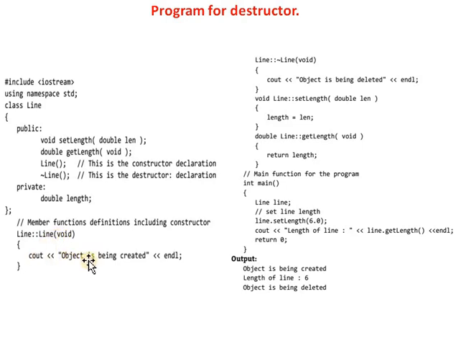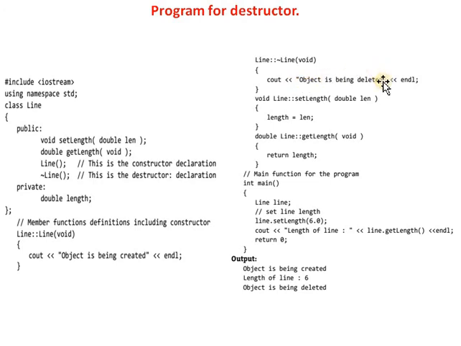When the constructor is called, it simply displays the message "Object is being created". Whenever an object of a class is created, the constructor function is called and writes the message "Object is being created". Next, the destructor function is defined using the class name, scope resolution operator, and destructor name, and it simply displays the message "Object is being deleted".